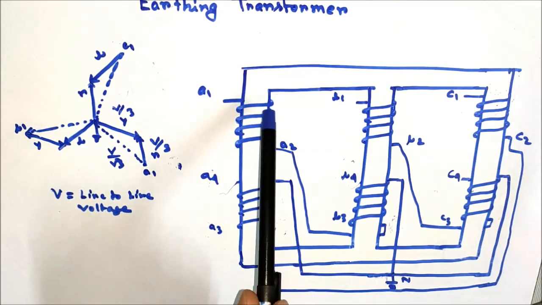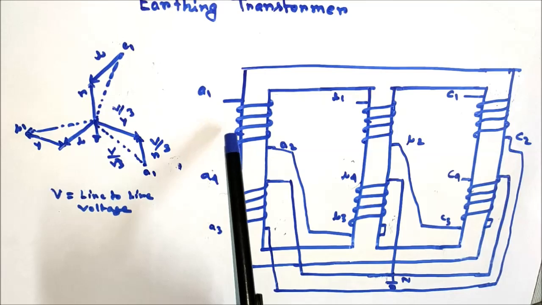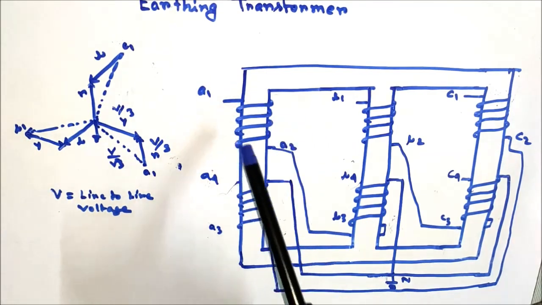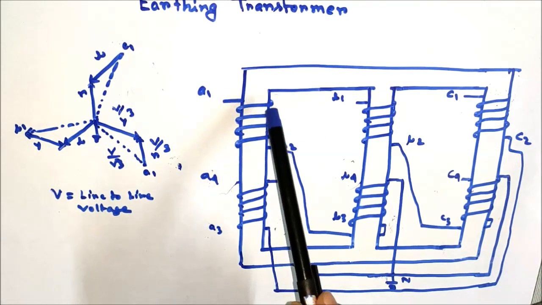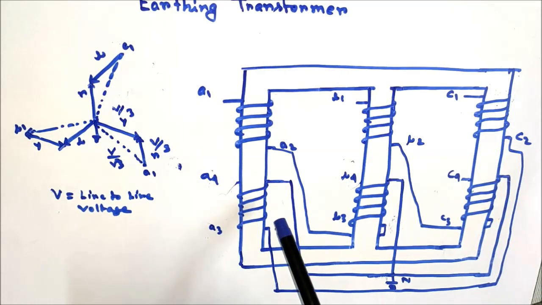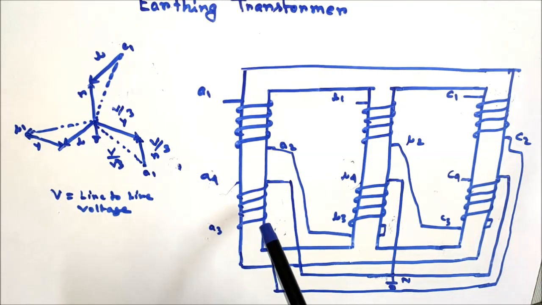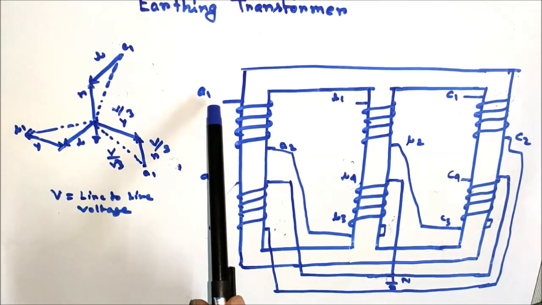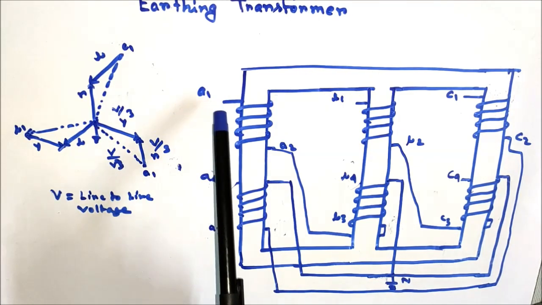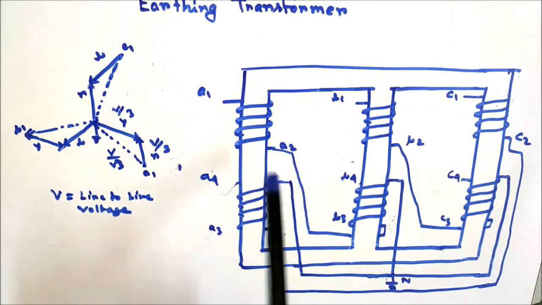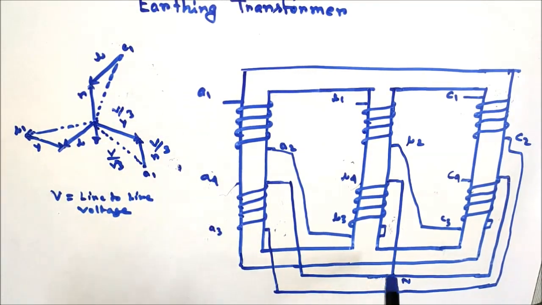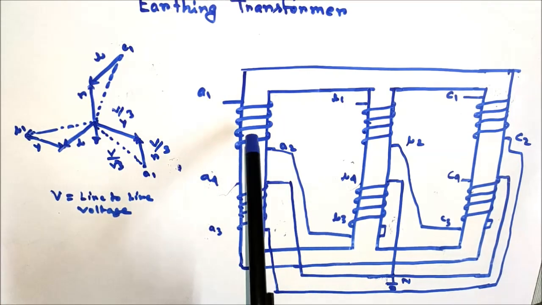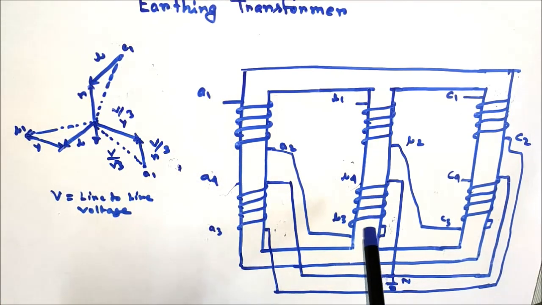So each outer winding and inner winding has a voltage of V by 3, and the resultant voltage, that is, this terminal voltage with respect to neutral, is V by root 3. This is the vector sum of these two voltages. That is why it is V by root 3.